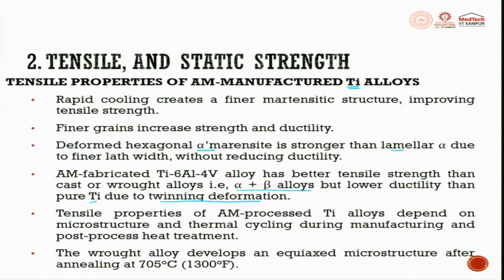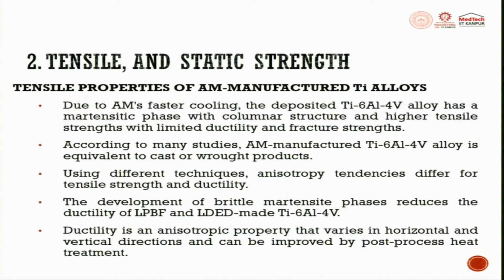The tensile properties of additive manufactured Ti alloys depend on the microstructure and thermal cycling during the process. After this you can also do a post process to get to the requirements. The wrought alloy develops an equiaxed microstructure after annealing at 700 degrees Celsius, approximately 705 degrees Celsius.